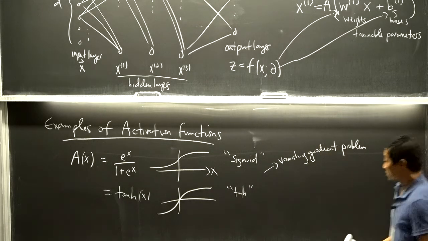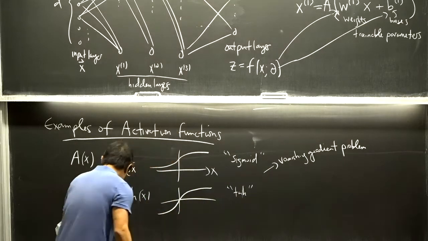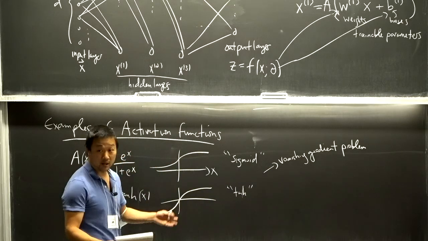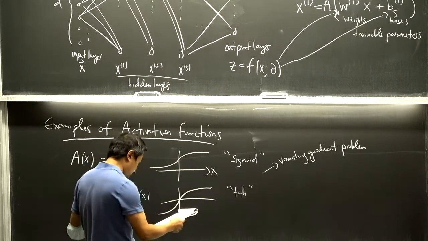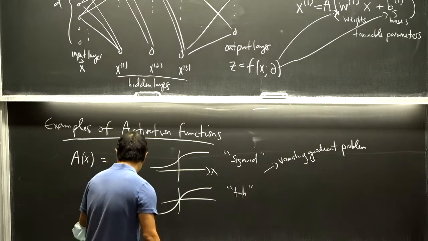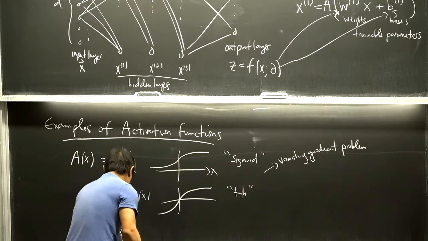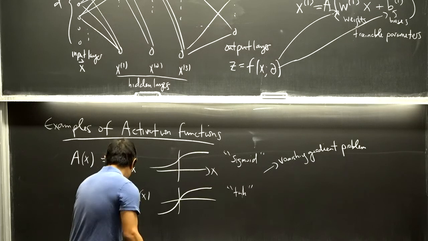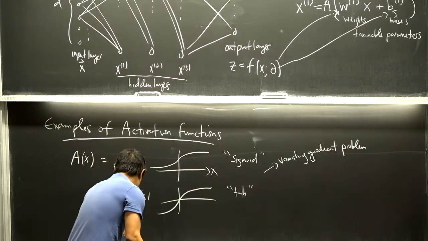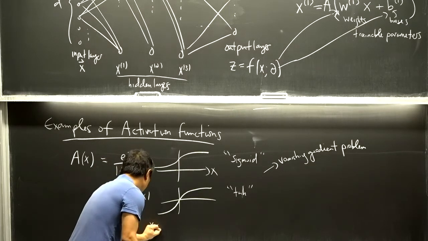Okay, so in the modern era, this is sort of the engineering aspect of this subject. People realized that a much better activation function to use is the following weird thing.